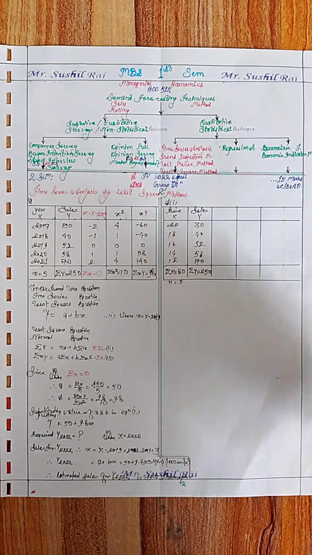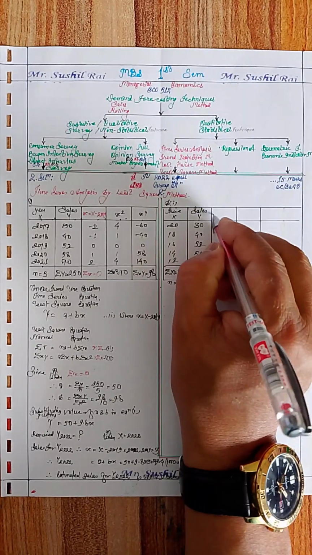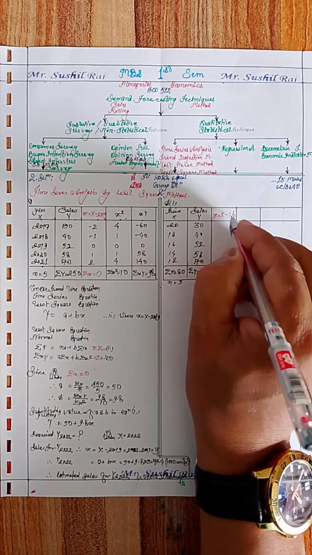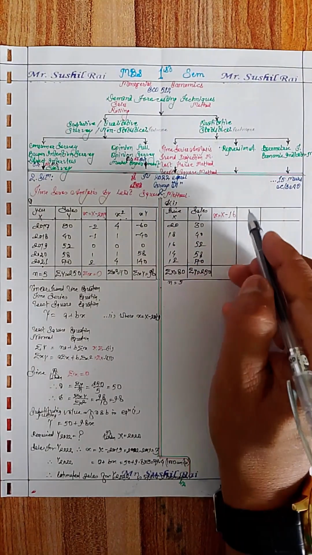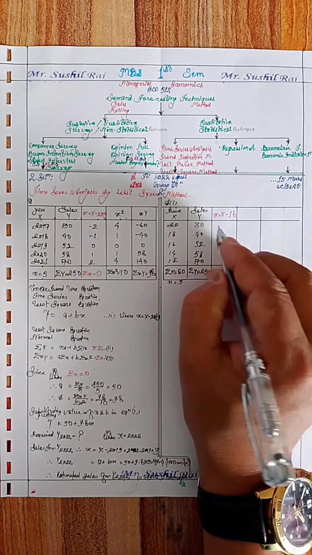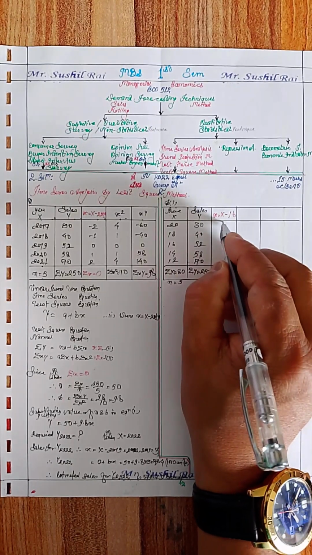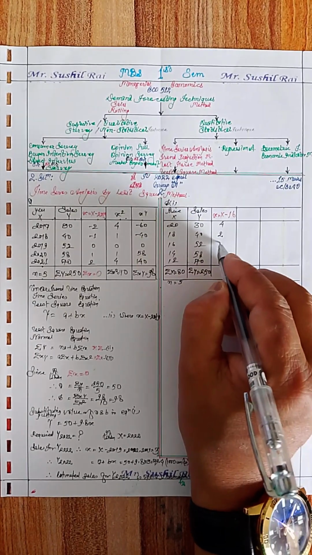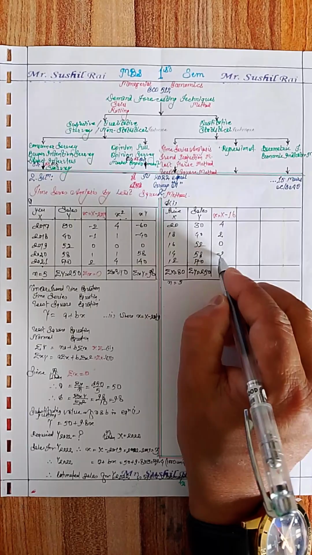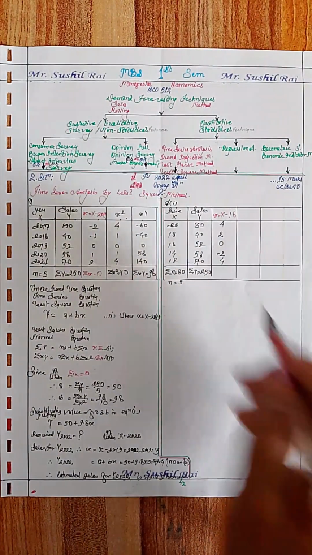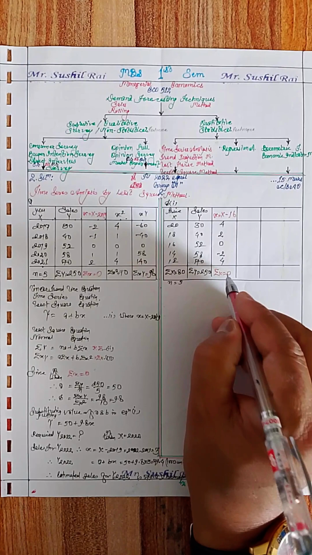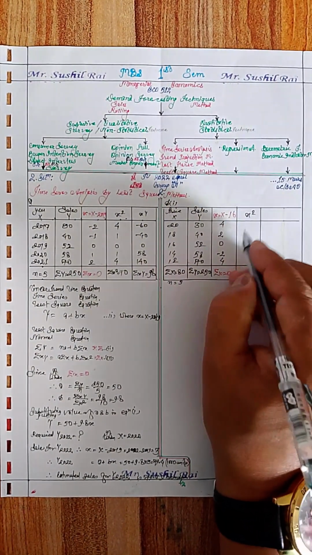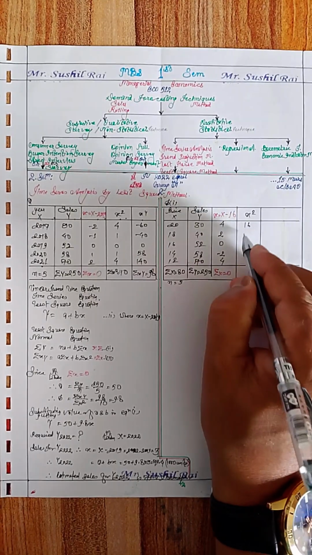x is equal to X minus 16: 4, 2, 0, minus 2, minus 4. Summation x is equal to 0. x square: 16, 4, 0, 4, 16.